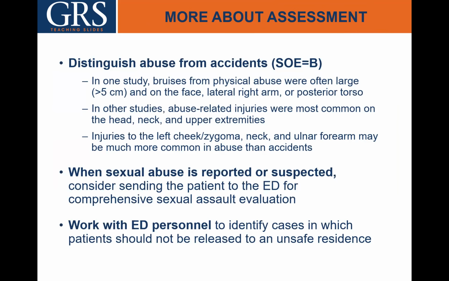So how do we distinguish abuse from accidents? Here is a clue: bruises from physical abuse were often large and on the face, lateral right arm, or posterior torso. Abuse-related injuries were also most common on the head, neck, and upper extremities, as well as injuries to the left cheek, zygoma, neck, and ulnar forearm.